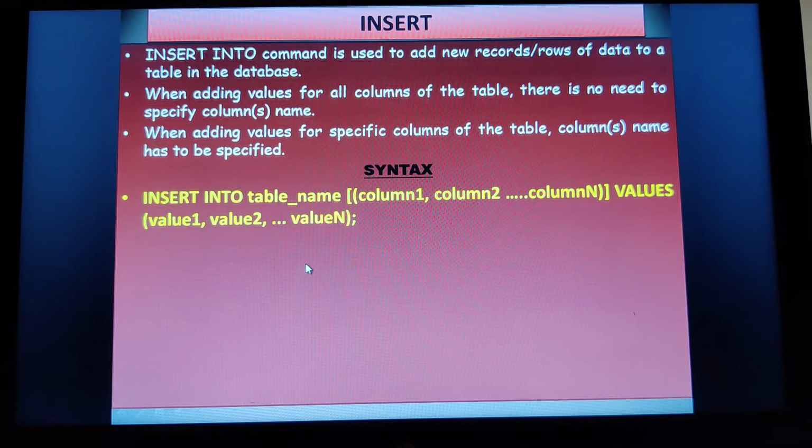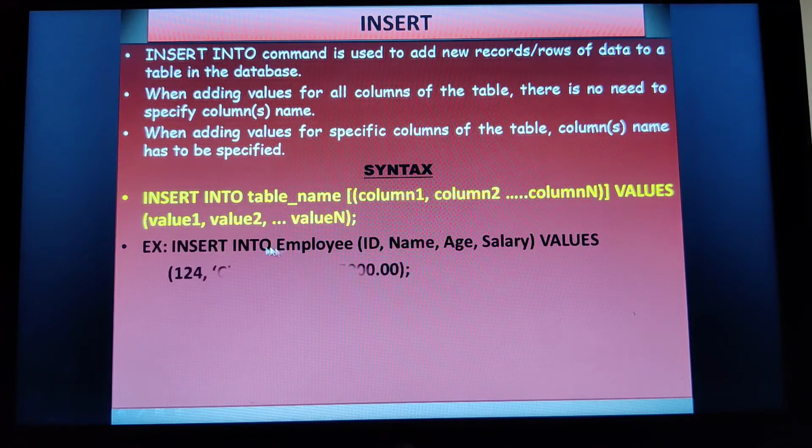One example I can show you here. Insert into employee, ID, name, age, salary, then values is the keyword. So values, then specify: ID 124 I have given. Name is a varchar, and since it's a varchar, we need to enclose it in single quotes. Comma, age is a number, 25, and then salary is 35,000.